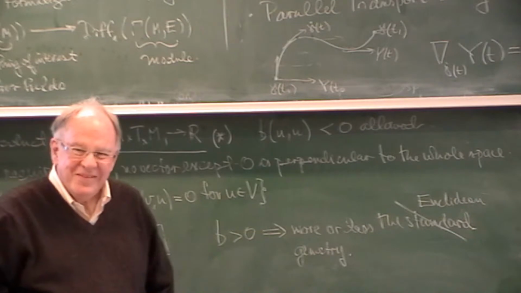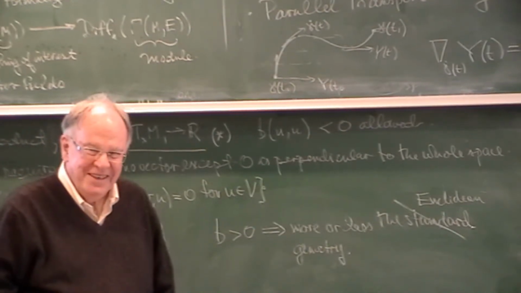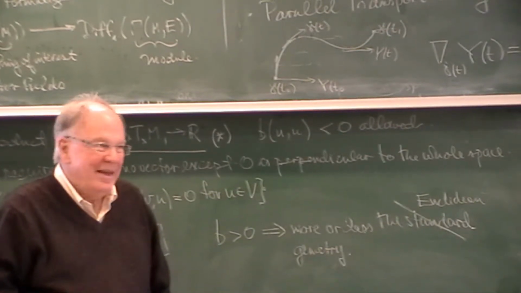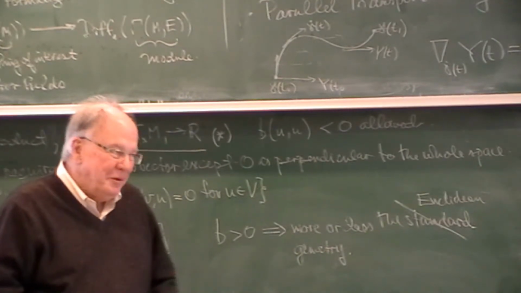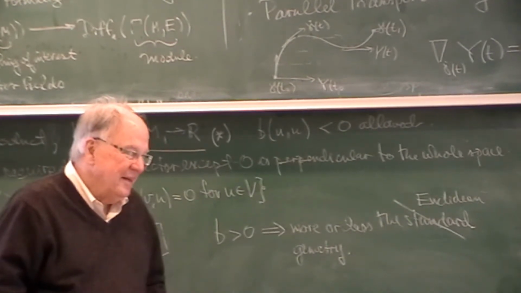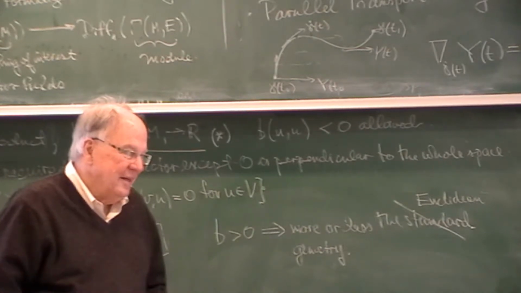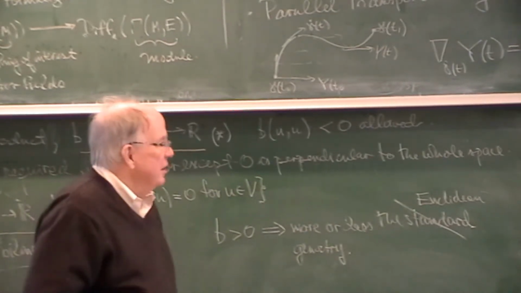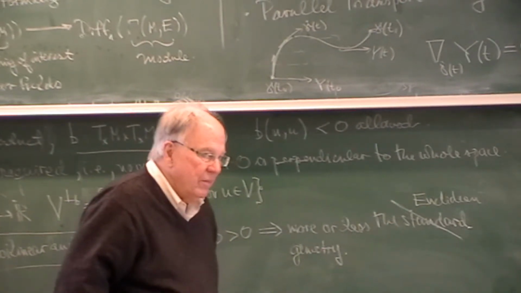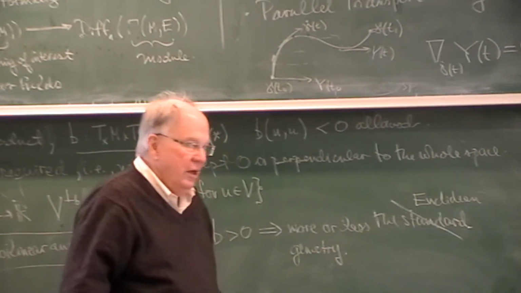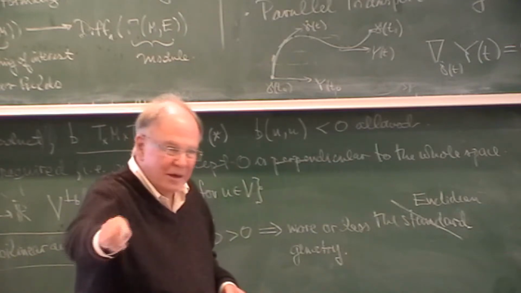No. Almost. Any other ideas? More or less the standard geometry, yeah. I mean, up to isometry is the same as your usual inner product. Up to isometry, you get the usual inner product. Okay. That's more or less what he's saying, I think.